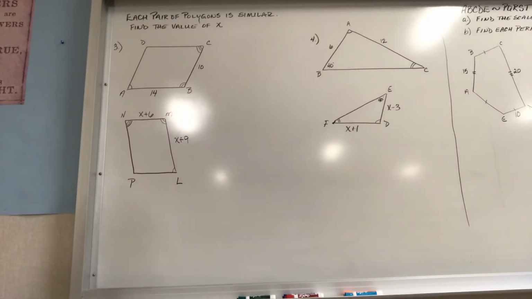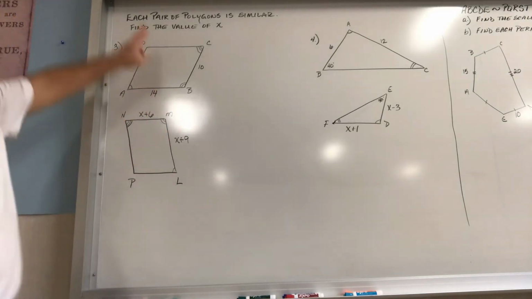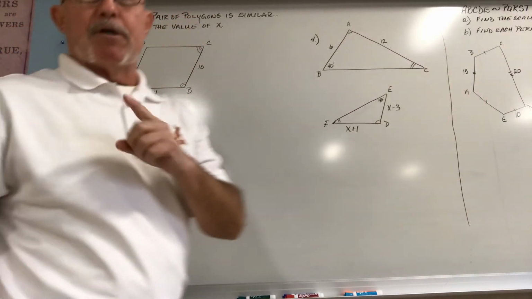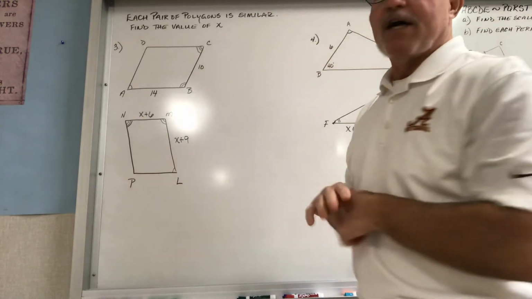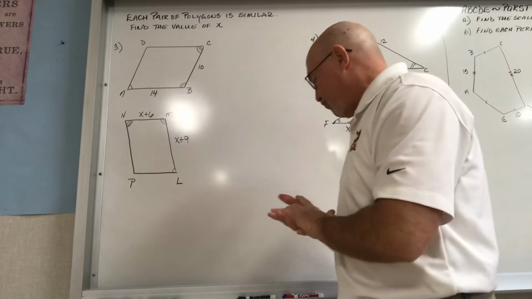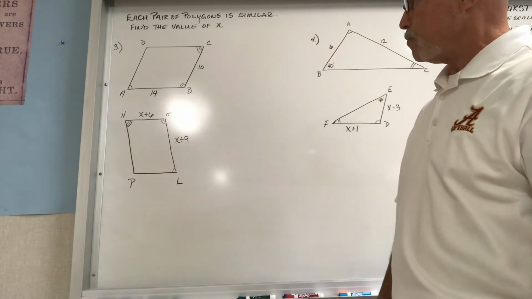Now we're going to figure out some things here. On these two, on numbers 3 and 4 here, okay, each pair of polygons is similar. So we've got that down. Okay, we want to find the value of x. So what we have to do here is line them up properly. Okay?